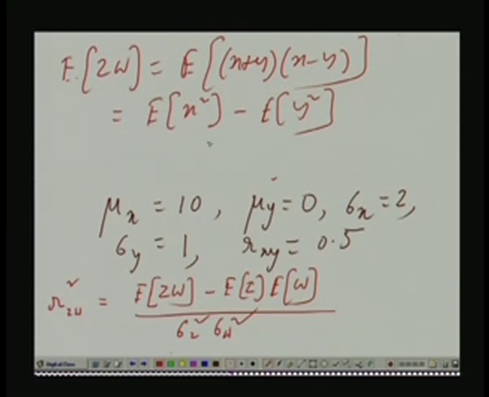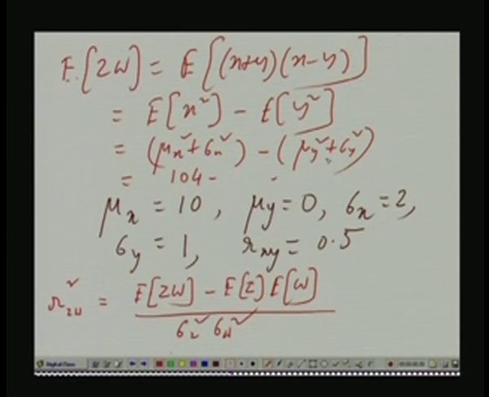Okay, what is E of x squared? It is nothing but, we have seen, mu x squared plus sigma x squared. Similarly, mu y squared plus sigma y squared. What is mu x? 10. So 100 plus 4, so 104, minus mu y squared plus sigma y squared.